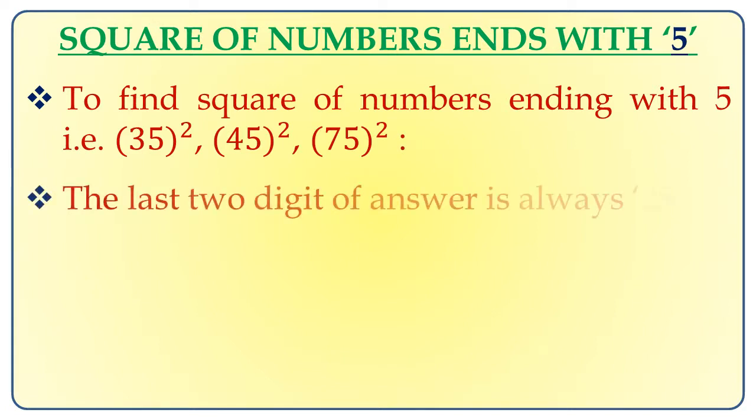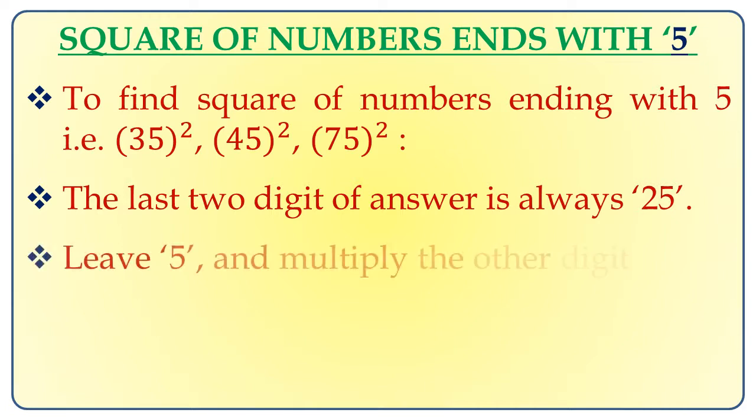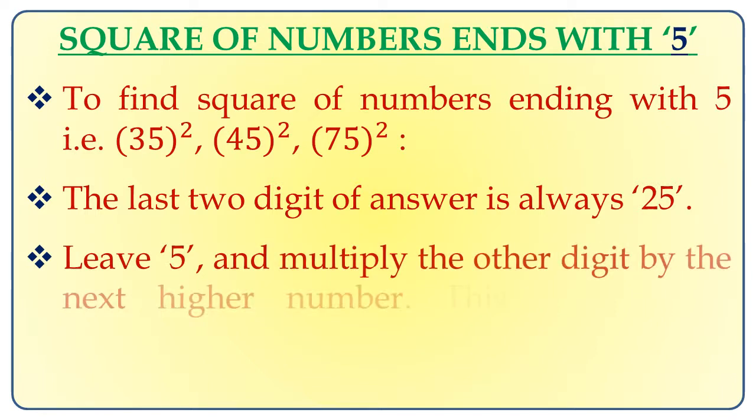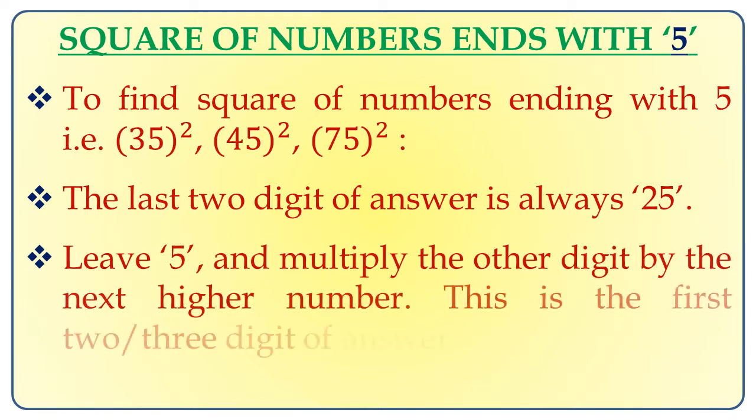We must keep in mind that if a number ends with 5, the answer will have 25 as the last two digits, the unit and tens place. I again repeat, if a number ends with 5, the unit and tens place will always have 25.